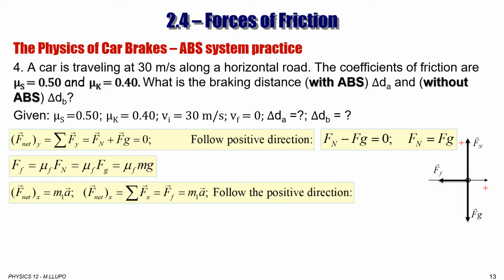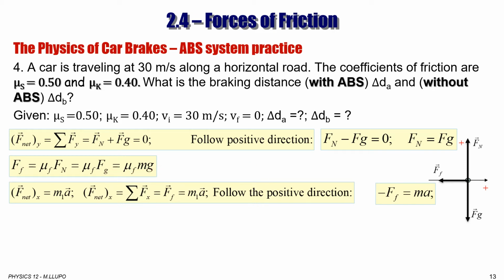On the x-axis, we have accelerated motion. The only force is the force of friction. Here we can follow the positive direction as well. Force of friction is negative, and we always label the acceleration as positive, but you'll see that it is going to come out as a negative value. We already calculated the force of friction, which is equal to mu times mg.